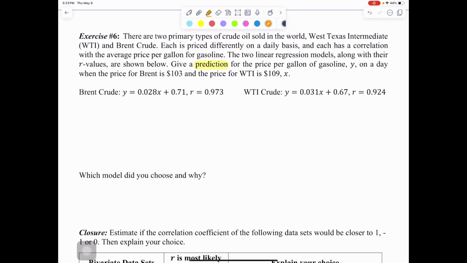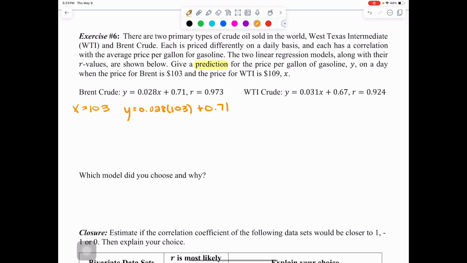So in the first one, Brent crude, we're talking about an X value of 103. So we'll take our equation, y equals 0.028, and multiply by 103 in for X plus 0.71.